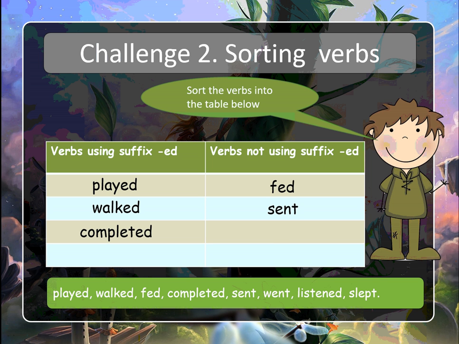Sent, see the way it's a t instead. Went, see again, that's actually go becomes went. And the last two, listened, another ed, and the last one, slept, isn't an ed. Okay, well done, year one.